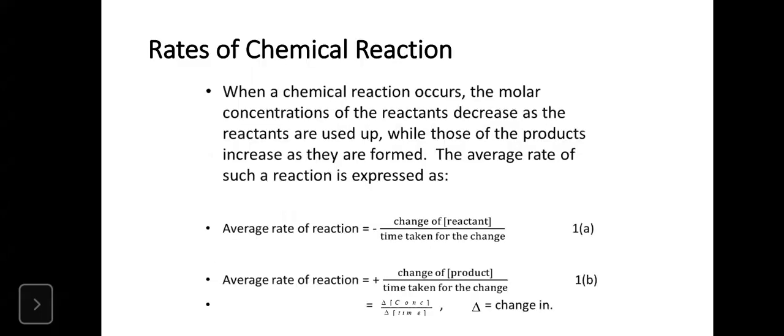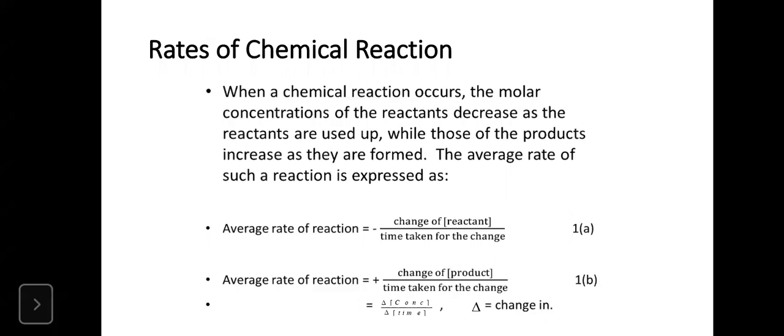Now we are going into this. If I ask you what you understand by the rate of a chemical reaction, it's going to be very difficult for you to explain, and I'm going to explain it to you now. Either you can explain it or you can define it. When a chemical reaction occurs, anything on your left-hand side, when you write a chemical equation, you refer to as reactant.